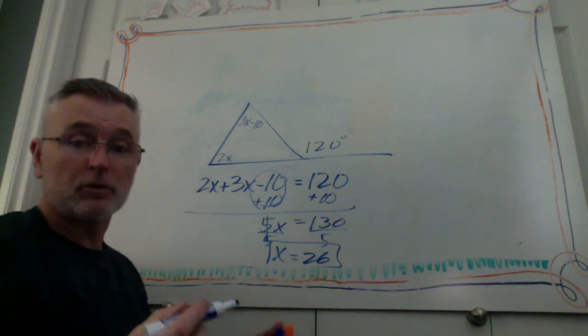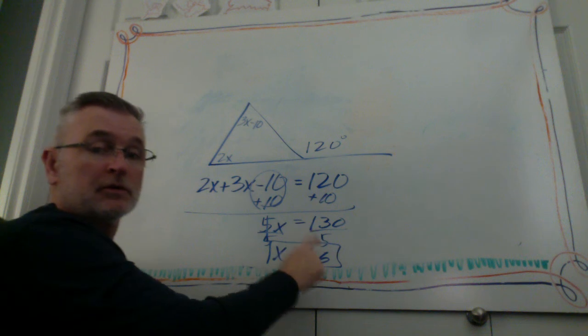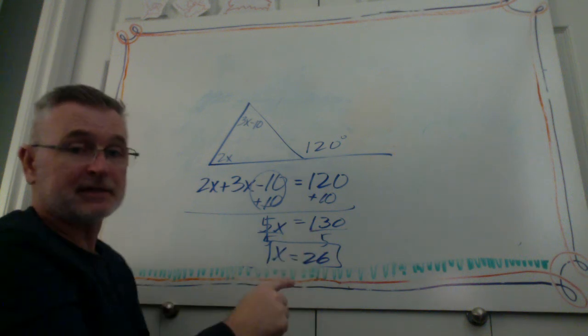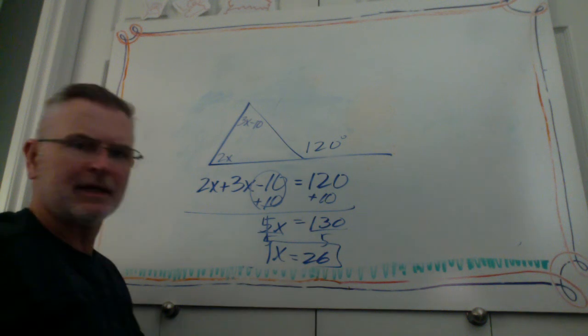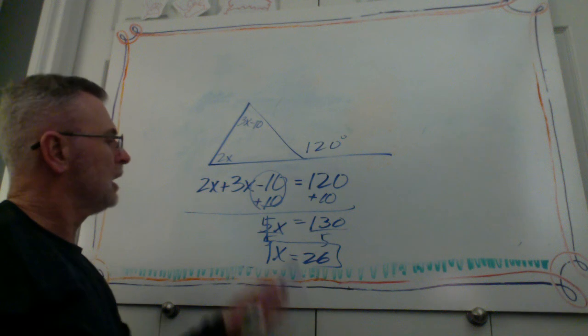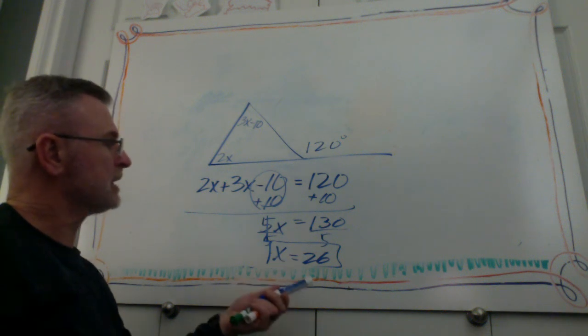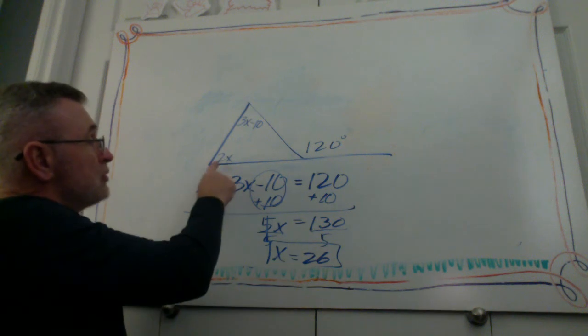The way I got that so quickly is I know how many nickels there are in a dollar. There's 20 nickels in a dollar, and then there's 6 nickels in 30 cents. 20 plus 6 is 26. It's not magic. It's just the distributive property. All right. So x equals 26. So now what am I going to do? I'm not done because that is 2 times x.